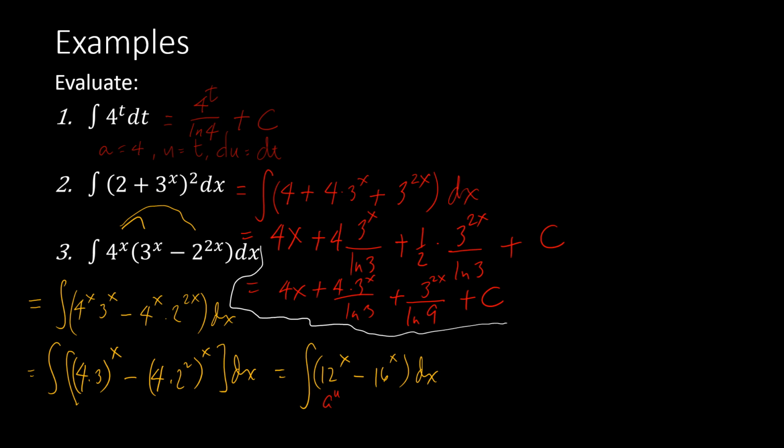Alright, your u is x and du is dx. So the integral of 12 raised to x is 12 raised to x all over ln of 12, minus the integral of 16 raised to x dx, which is 16 raised to x all over ln of 16, plus the constant c.